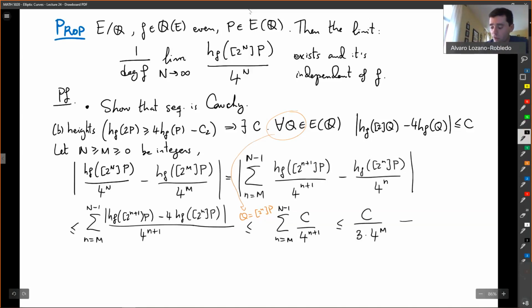So this goes to 0 as n and m grow, with m going to infinity, and therefore it is Cauchy and converges. Okay, so analysis over.